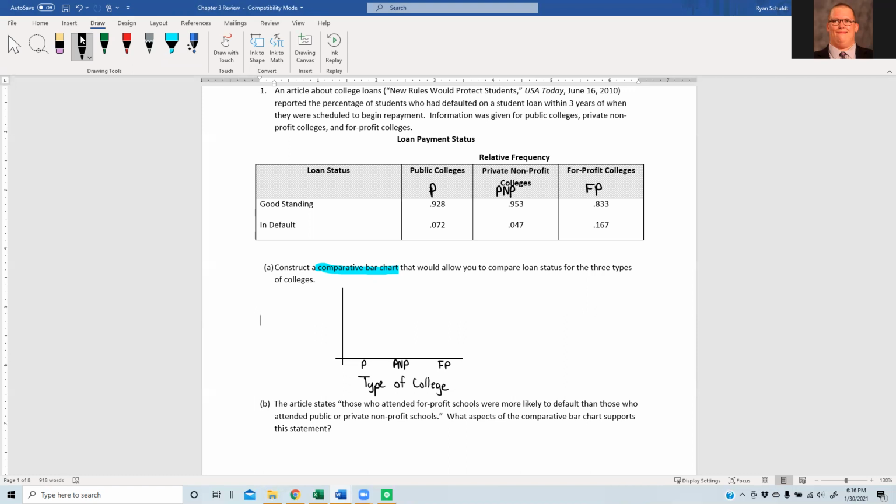And then we need to get a scale here. Now, notice that on the high end, we're at 0.953. On the low end, we're at 0.047. So we need a scale that pretty much goes from 0 to 1 for relative frequency. So let's see what we can do about that.